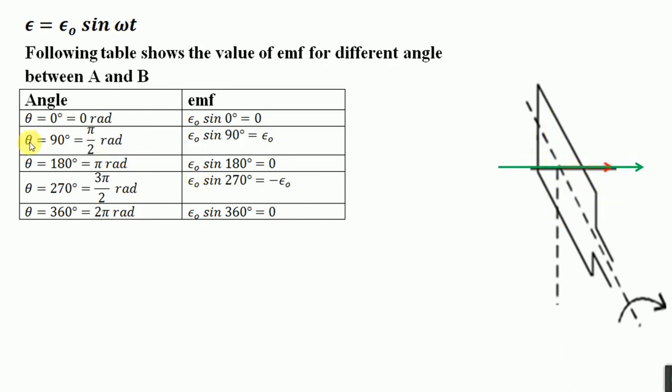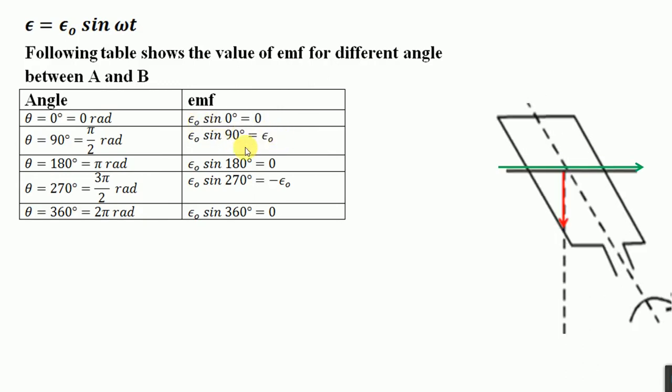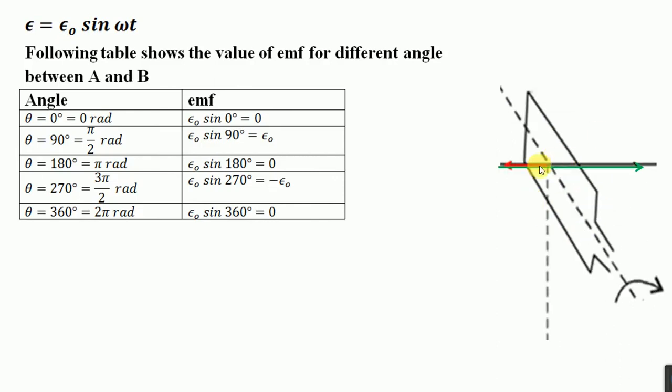Next, when theta is 90 degrees, EMF will be E0 sin 90 degrees. Sin 90 degrees is 1, so you will get E0. At this time, when the angle between magnetic field and area vector is 90 degrees, we will get the maximum EMF on this loop. Next is 180 degrees.